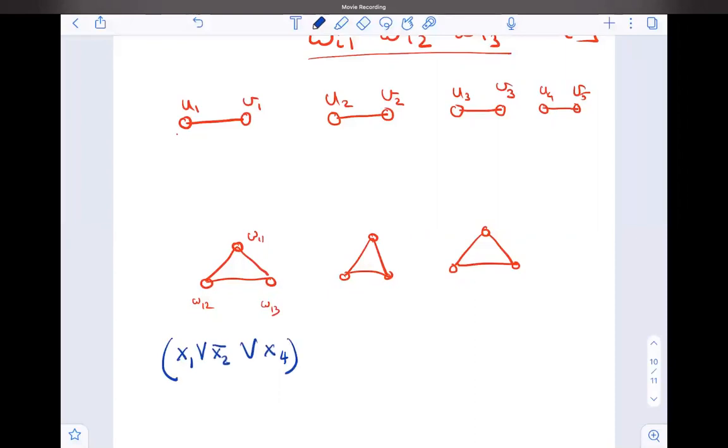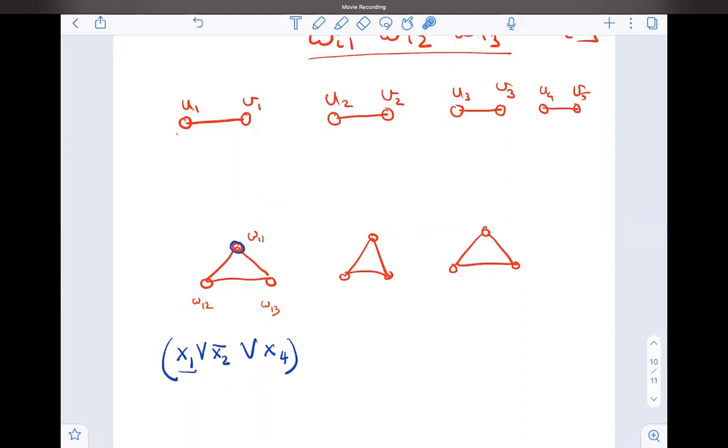See, this is a variable for the x1, right? X1 meaning the first vertex of the clause is demarcated at W1. Sir, could you please repeat this part? Okay, look at this clause. This clause says x1 or x2 bar or x4.